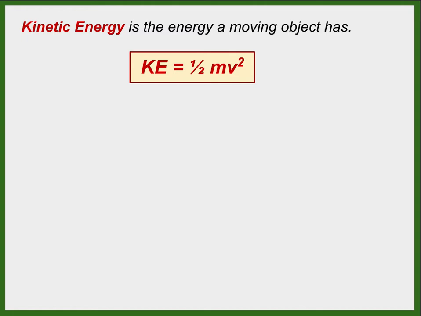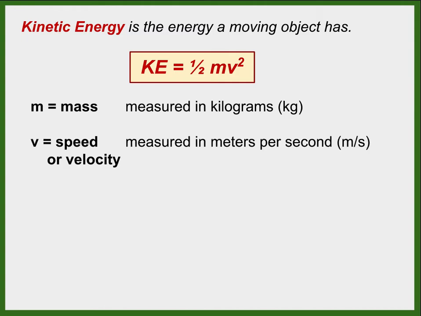So let's make sure we all understand the different parts of this formula. First, notice that there is a speed in it. So that's the connection between kinetic energy and motion. Things that have speeds have kinetic energy. m, of course, is going to stand for mass. And just a reminder that we measure mass in kilograms, kg. v is going to stand for speed or velocity, and that's going to be measured in meters per second.